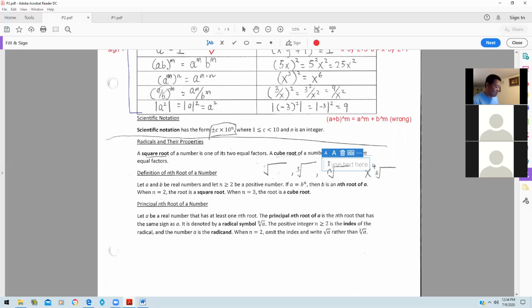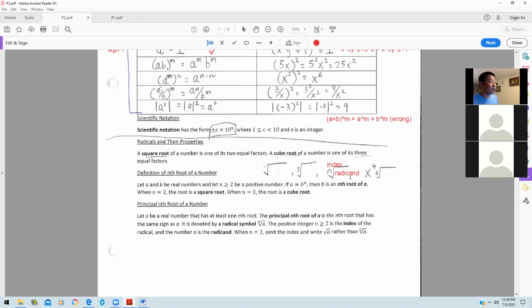So it can be any number we want, but we don't have 1. If you don't write any number, it starts at 2, and then 3, and then 4 and 5. It's not division, so don't think this is a division. And then the number that is inside the root is called the radicand. So this is called an index, and that's called a radicand.